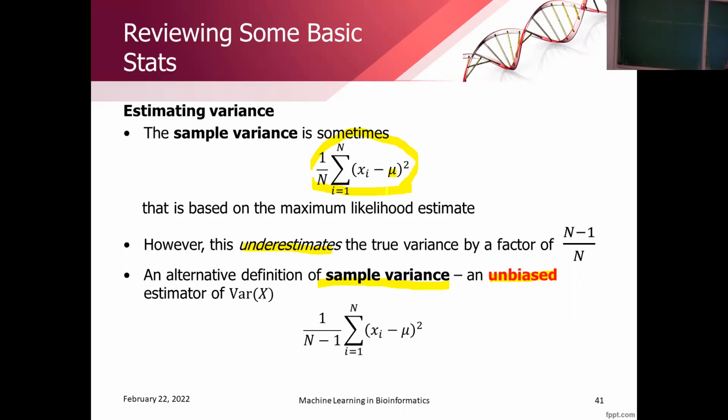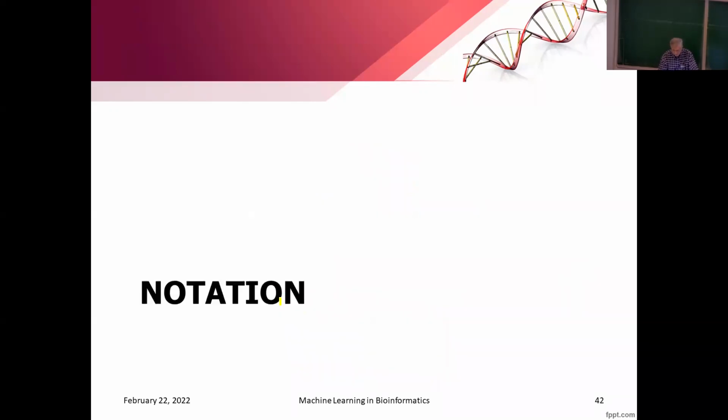Both estimates are almost the same for big values of capital N. But be aware that usually if we compute sample variance, then we should use this value, as this is a better approximation for the variance.